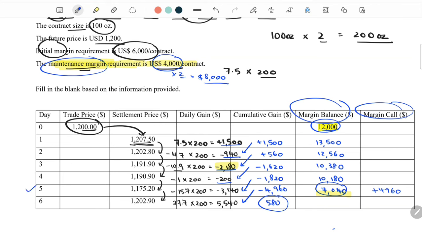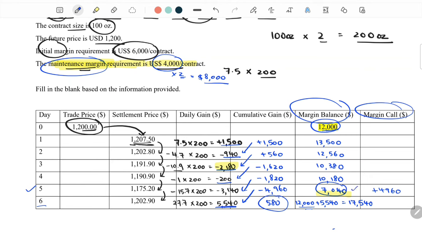When it comes to day number 6, they have a gain of 5,540. So here we have 12,000 plus the gain of 5,540. Some of you may be wondering why we are using 12,000 instead of 7,040.